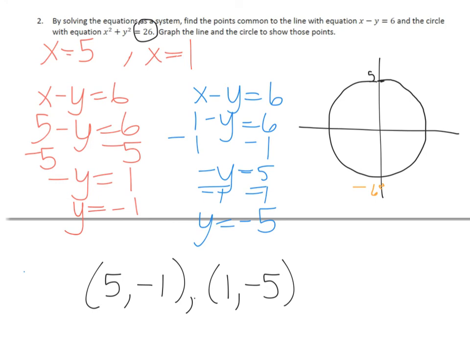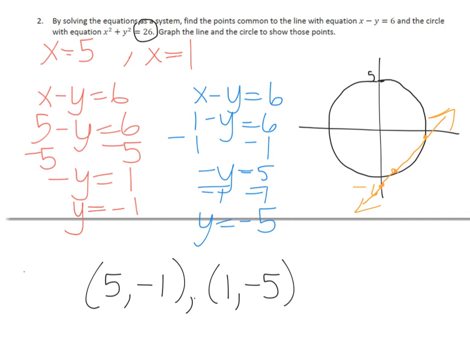And we have our 2 points of intersection, so we know that at 5, negative 1, so around here somewhere. And the other one is 1, negative 5, so 1 and negative 5 will probably be around here somewhere. Will be our 2 points of intersection, so we're just making a sketch of the graph. Those will be our intersection of the line and the circle.